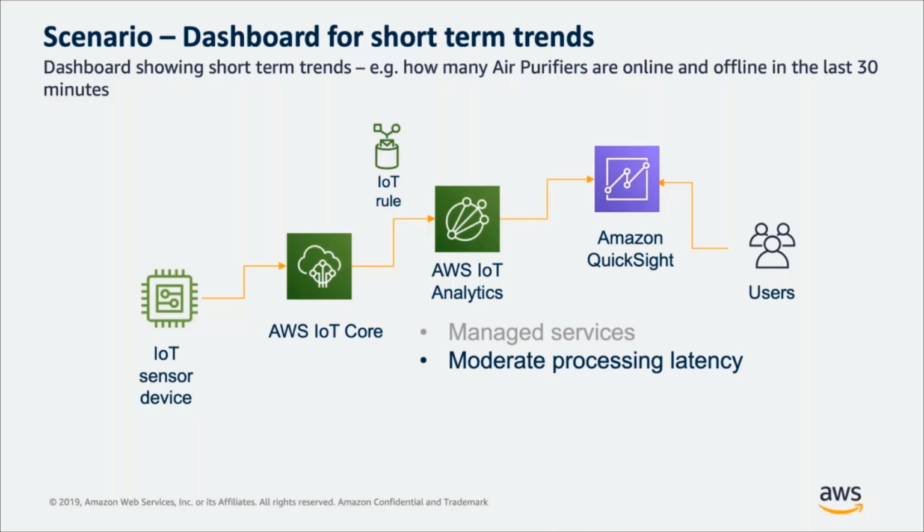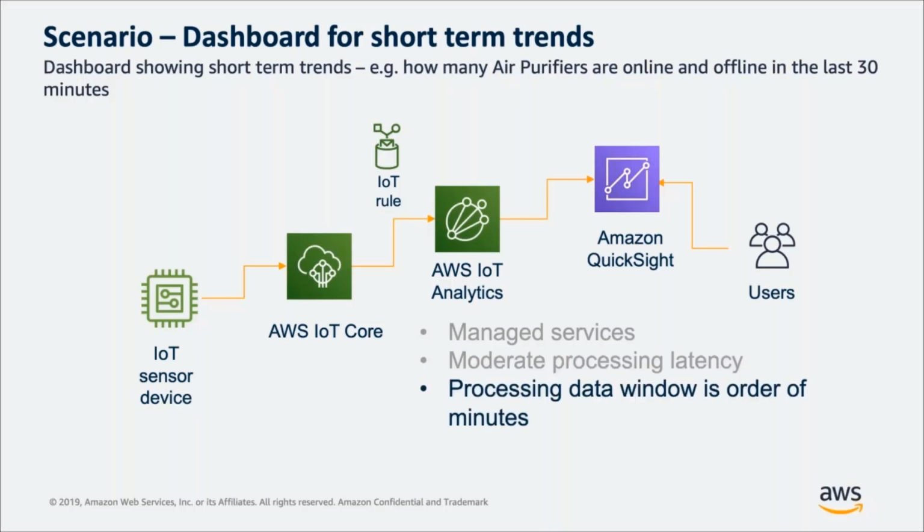The characteristic is that it has moderate processing latency. So the latency depends on the kind of analytics you run in IoT Analytics, and is made available for your visualization. So the processed data may be available in the order of minutes from when it was generated. And the processing data window could be in the order of minutes, which means that when you generate an analytic function, you will be processing a few minutes worth of data for that window.